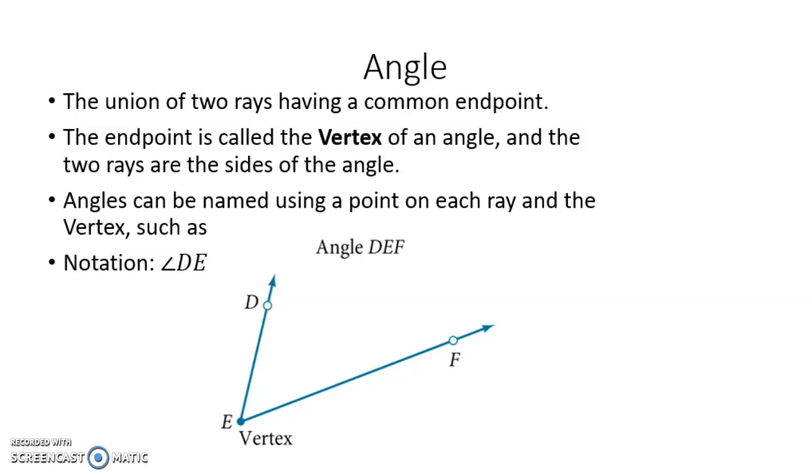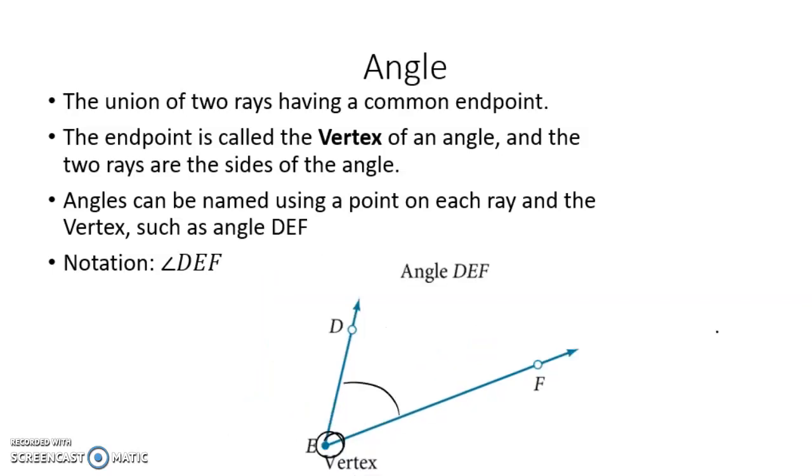Okay, so here's our vertex, or the common point between our two rays right here. And that little distance between them, that is your angle. Now you can use the points on the ray and the vertex, and that will give you the name of the angle.